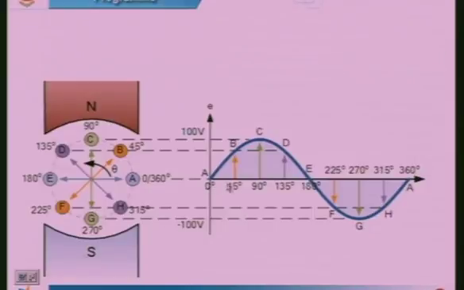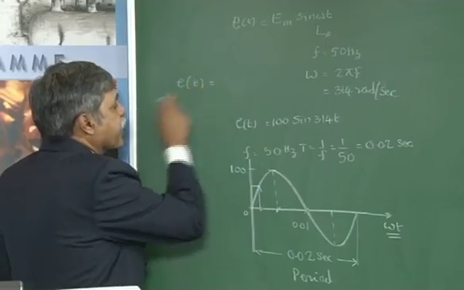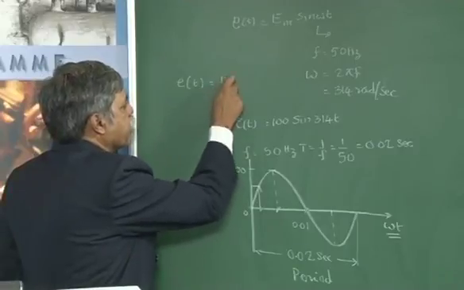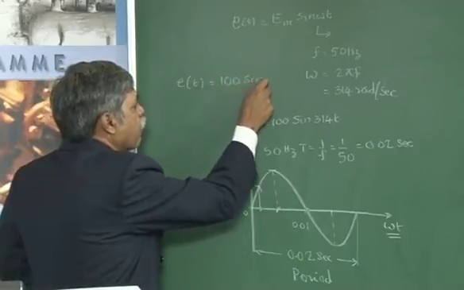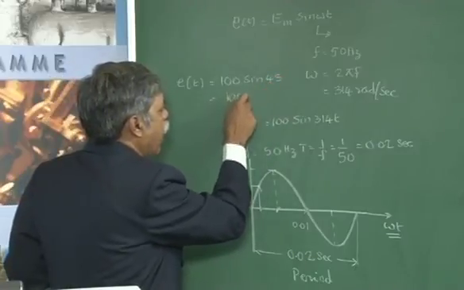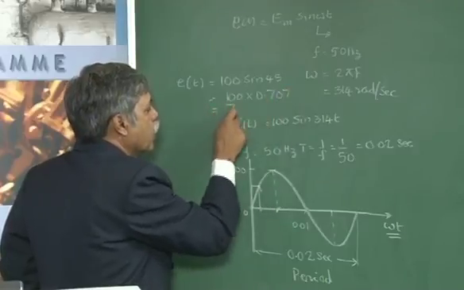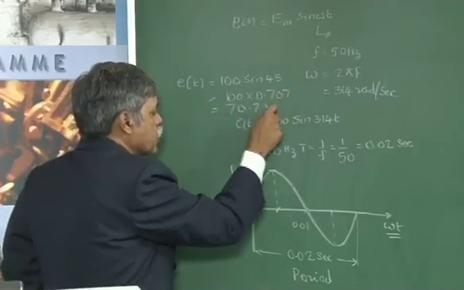When the conductor is moved by 45 degrees, I have a voltage of 100 sin 45. So at that instant when omega t is equal to 45 degrees, I get the instantaneous voltage as 100 sin 45 degrees. Sin 45 is 0.707, and 100 multiplied by 0.707 will give you 70.7 volts.